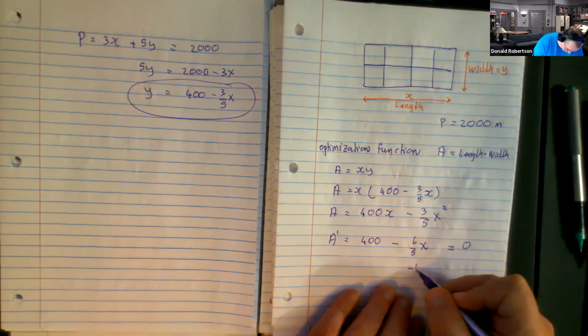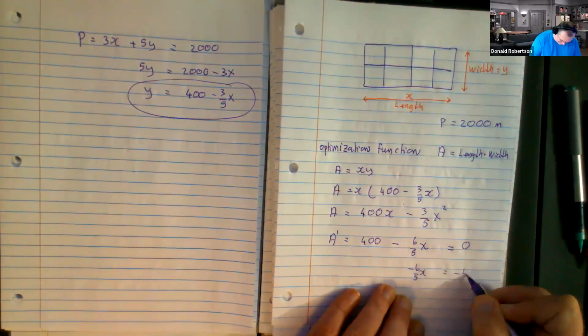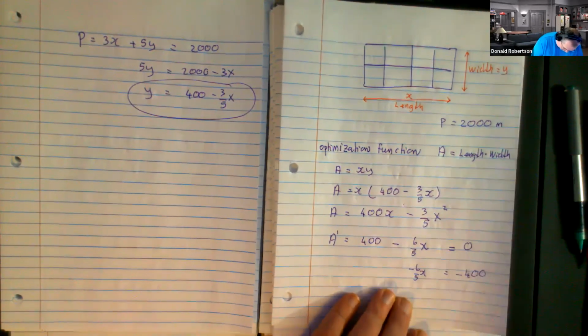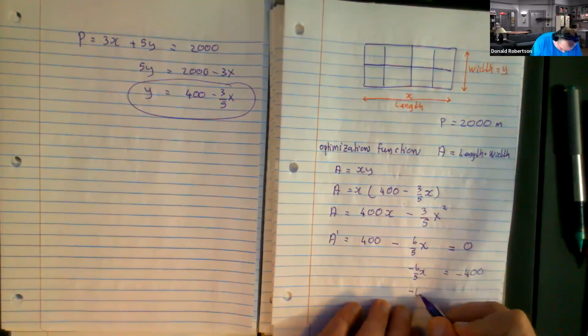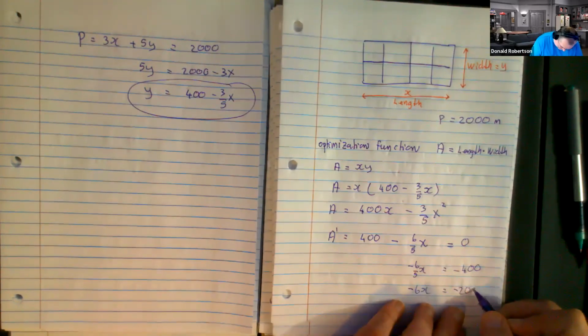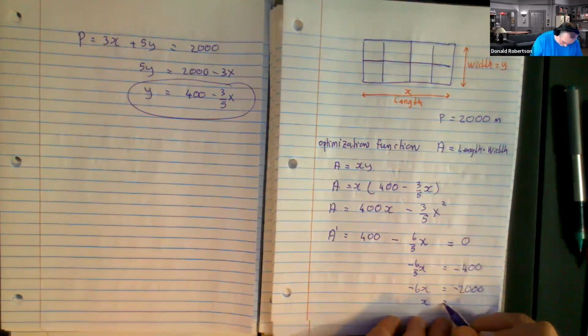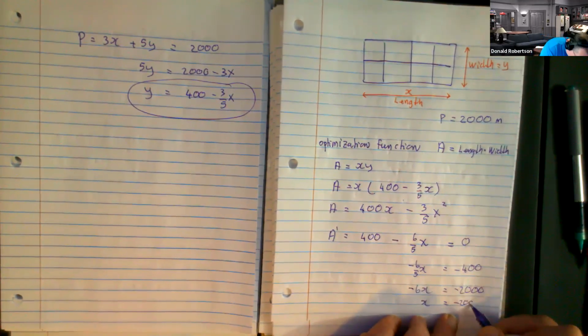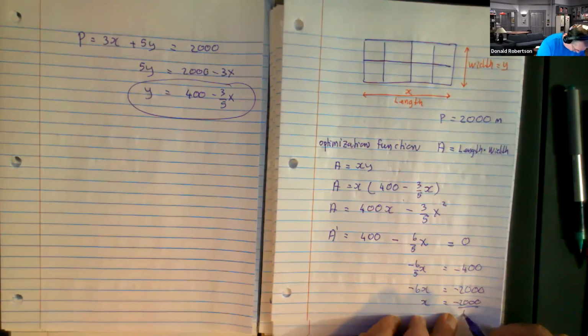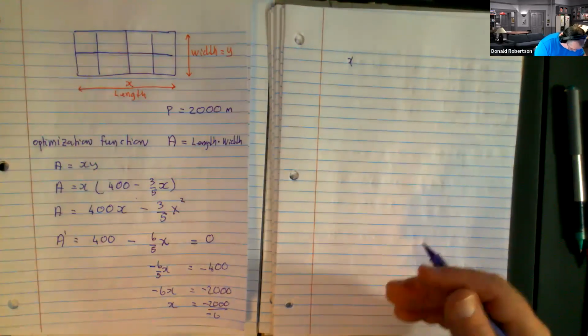So I will subtract 400 from both sides. I will then multiply both sides by 5 because I'm too lazy to do it in one go. I will then divide everybody by -6. And the answer is whatever that guy is.